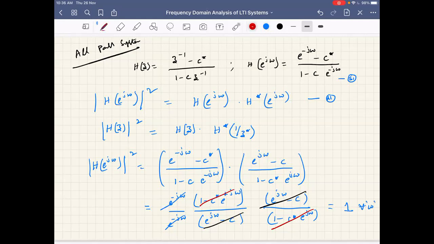It means that the given system, defined with this H of e power j omega, with input x of n and output y of n, passes all frequencies without any attenuation, any change.